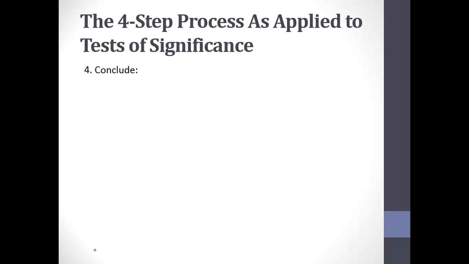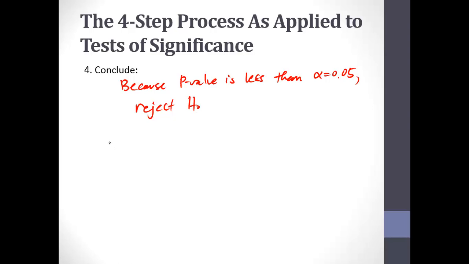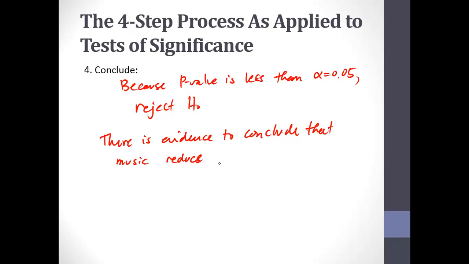And then I conclude that, because the p-value is less than 0.05, I'm going to reject the null hypothesis, and that says that there is evidence to conclude that music reduces stress, or reduces your pulse rate anyway.